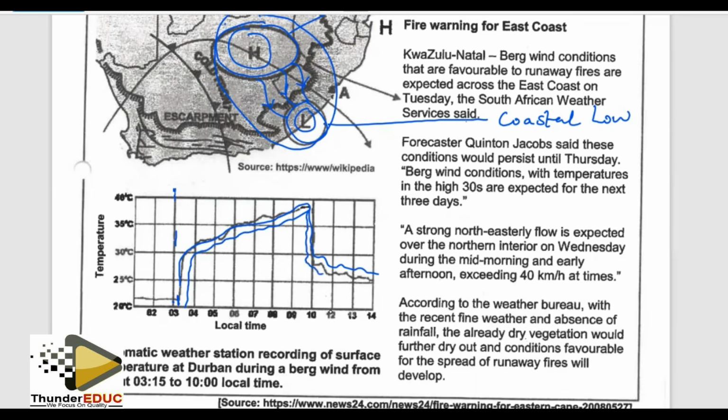With temperature, this shows that at 3 the temperature started to rise and kept on rising, from somewhere around 20 degrees C to 25, 30, 35, 38, and reaching 40 degrees. Then around 10, there's a sharp drop, then a gradual drop to 2 o'clock.